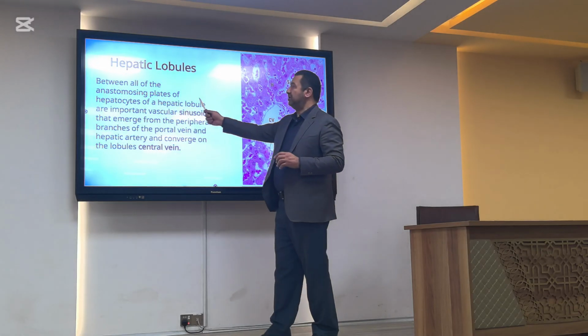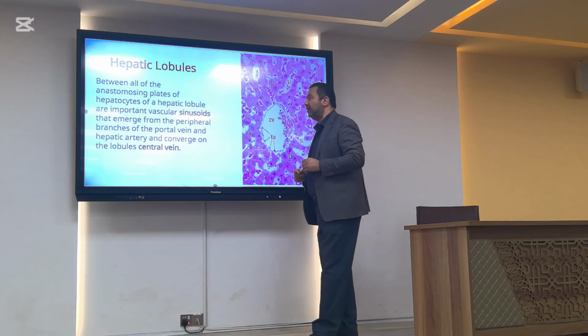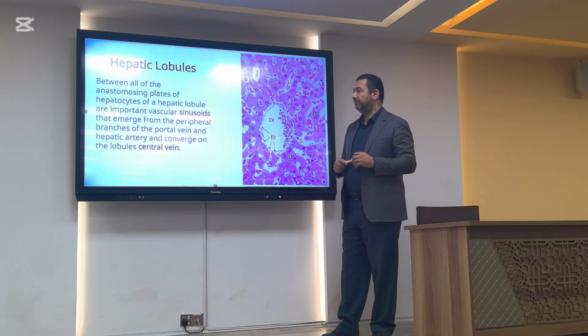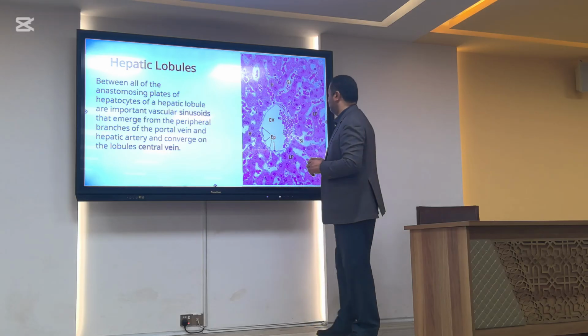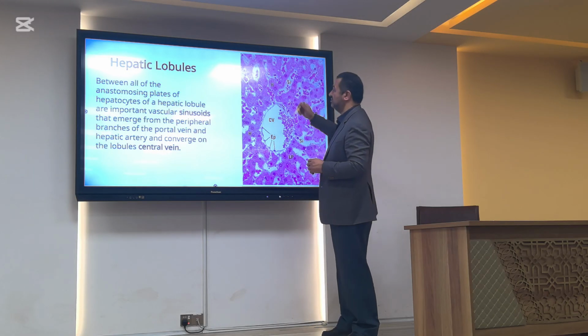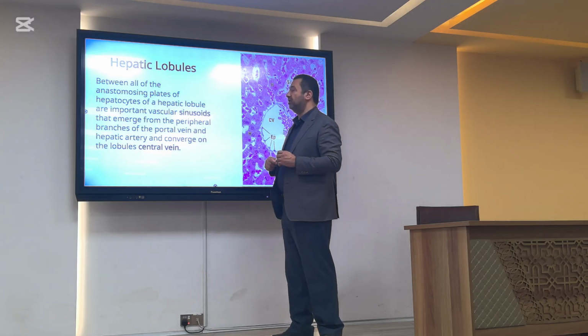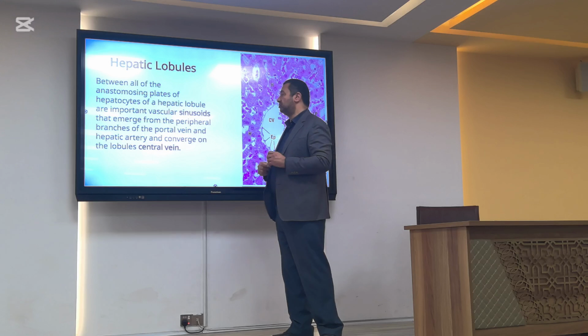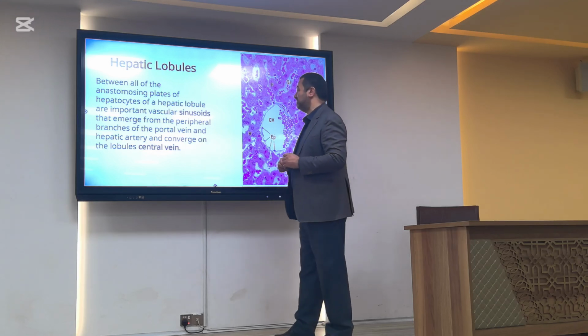Between all of the anastomosing plates of hepatocytes of the hepatic lobule are important vascular sinusoids. There are sinusoids that emerge from the peripheral branches of the portal vein and hepatic artery and converge on the lobule central vein.